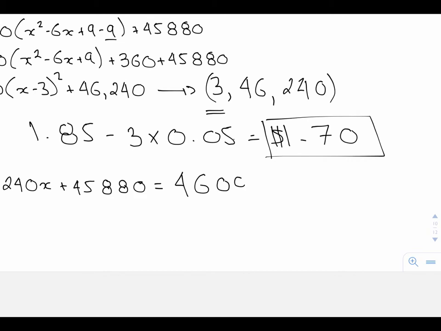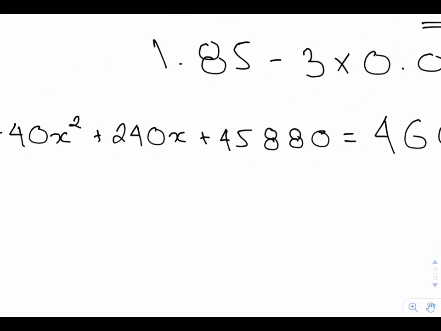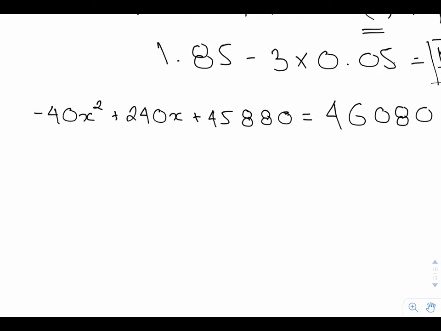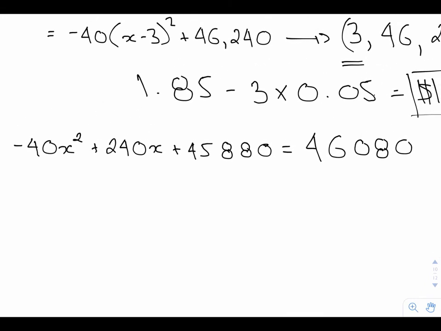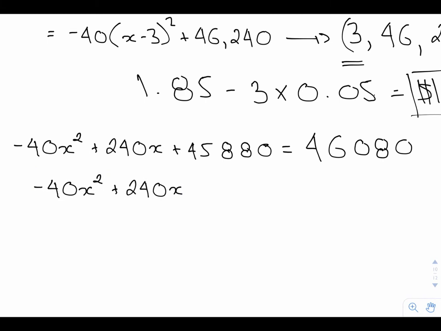Bring everything over to my left-hand side, and all of this stays the same, and now I have negative 200 equals 0.